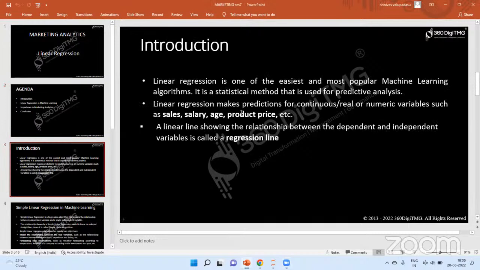Coming to the introduction, it is the easiest and most popular machine learning algorithm, used for predictive analysis. If we have the data, we can predict for the future. Linear regression makes predictions for continuous or numeric variables such as sales, salary, future sales, age, product price, etc. There is a line which gives the relationship between the dependent variable and the independent variable.